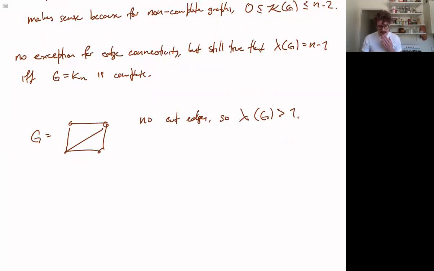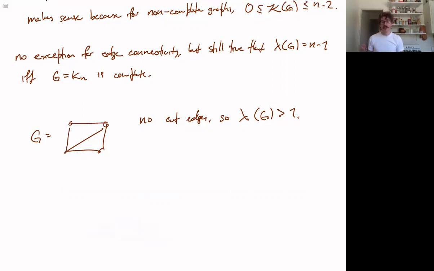And let's see, can we cut it with 2 edges? One way of seeing this is that we have a vertex of degree 2. And so if we cut both the edges connecting to that vertex, we will disconnect the graph because we will leave that vertex floating in space.